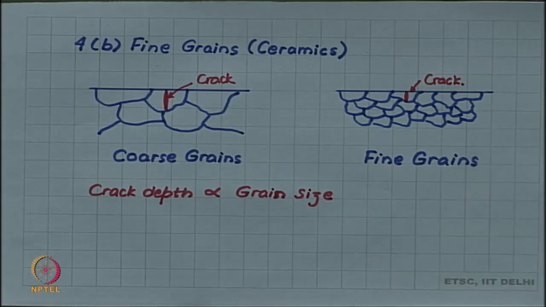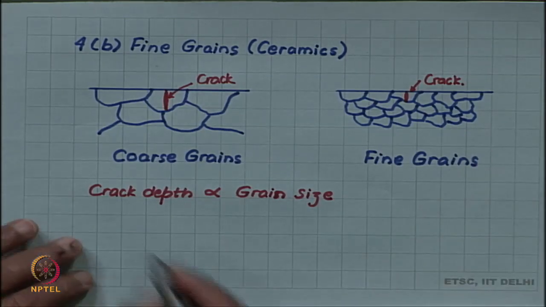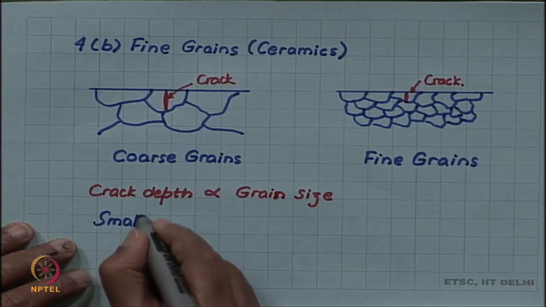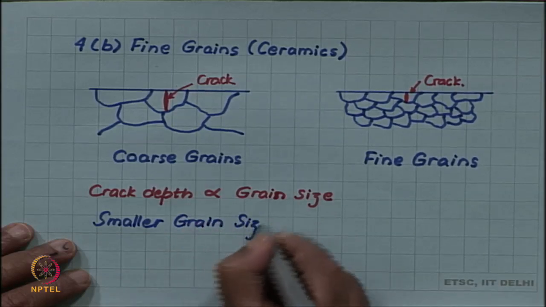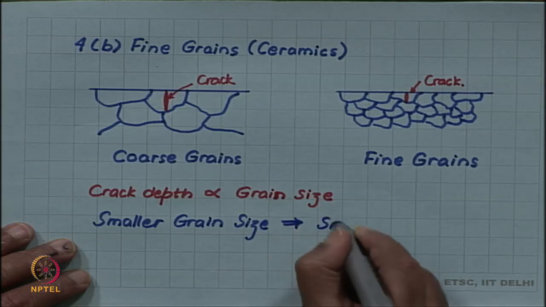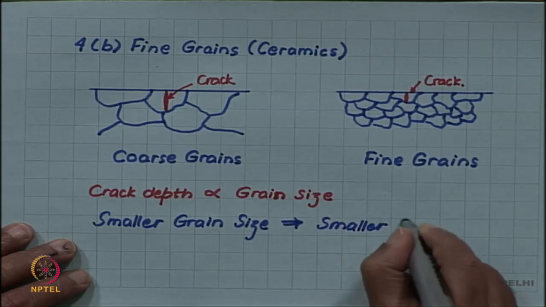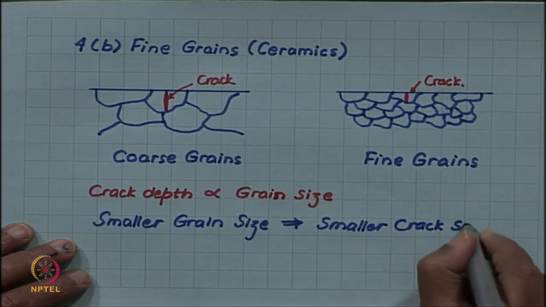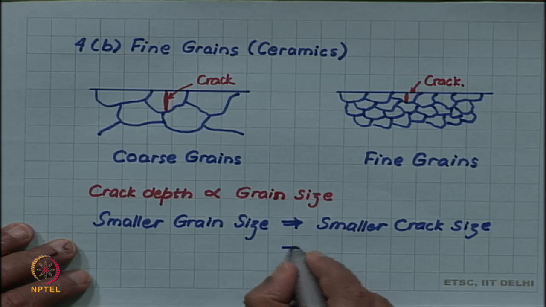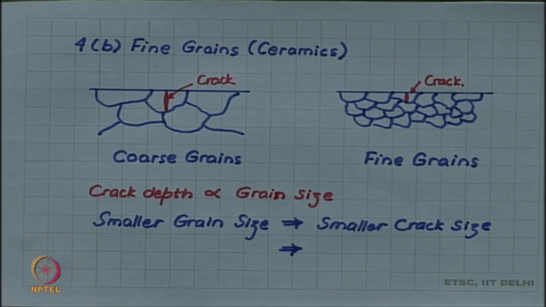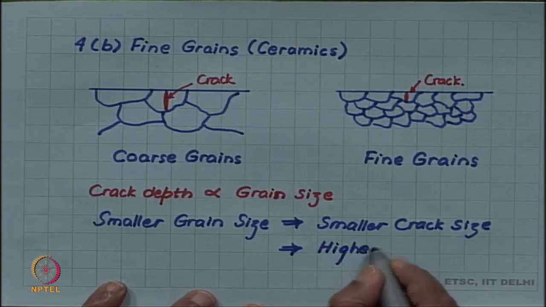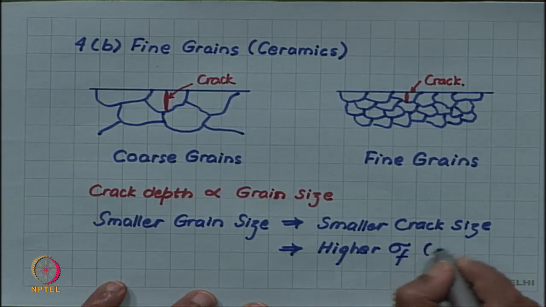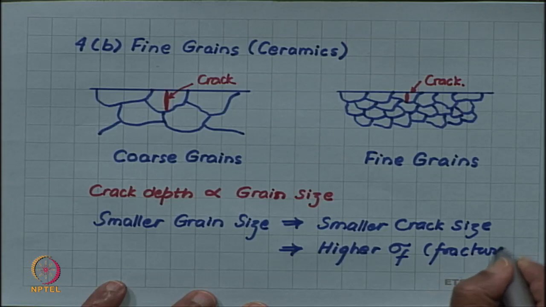So, a smaller grain size implies a smaller crack size, and using Griffith's equation you know that the smaller the crack size, the higher will be the fracture strength, higher sigma f, fracture stress.